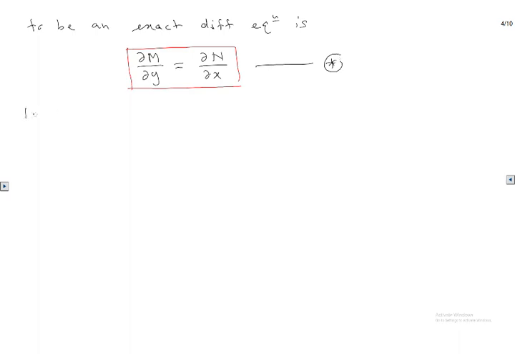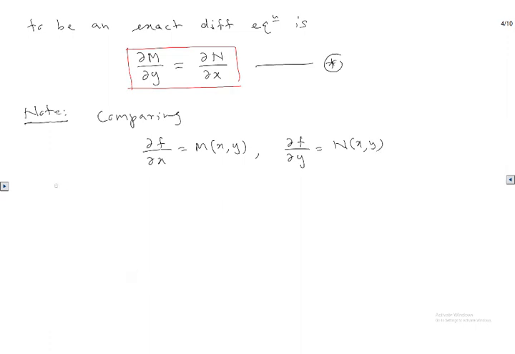So let's write a function f. By comparing, we know that ∂f over ∂x is the M function, and ∂f over ∂y is the N function. That's how we normally write it.